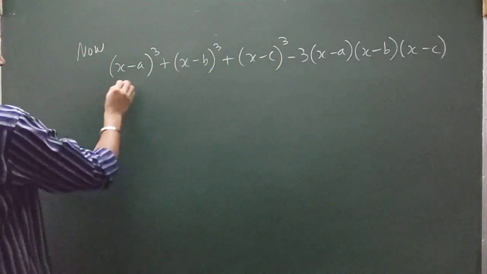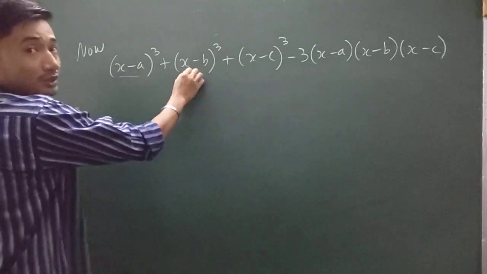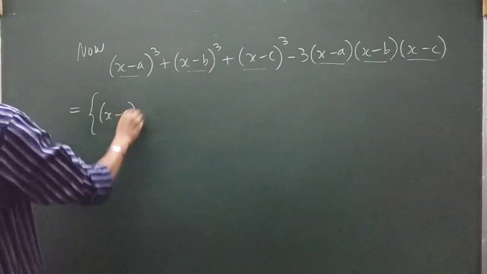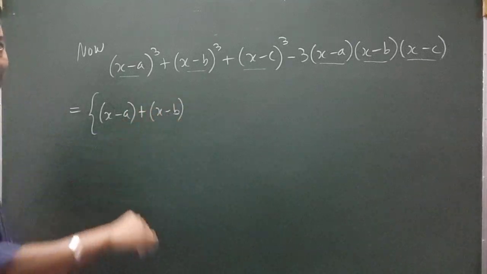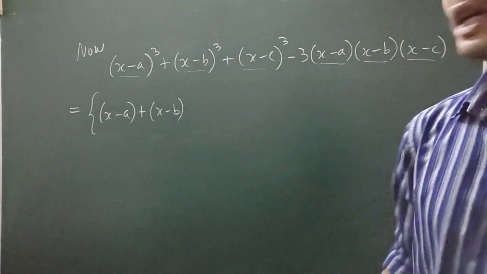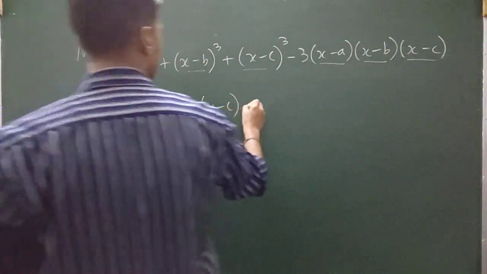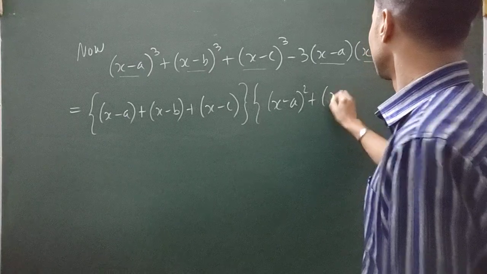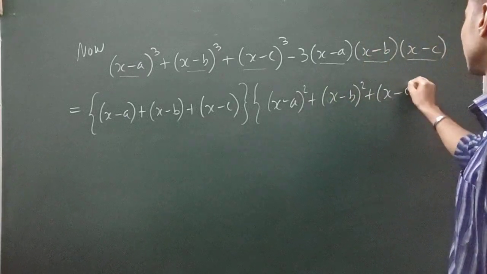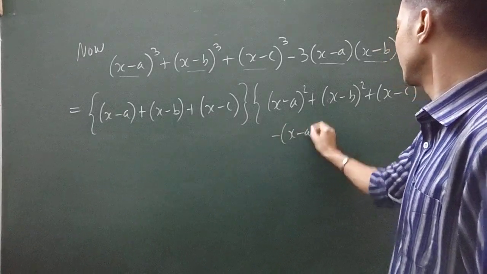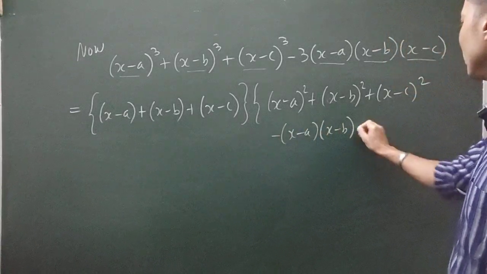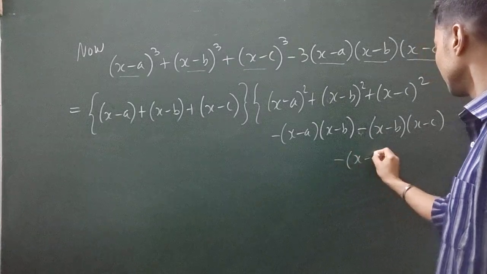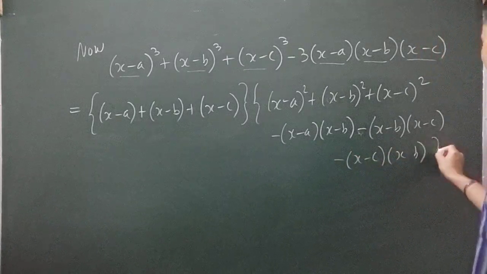So now the value of this will be, as I say, x cube plus y cube plus z cube minus 3x into y into z will be what? x plus y plus z into x square plus y square plus z square minus x into y minus y into z minus z into x.